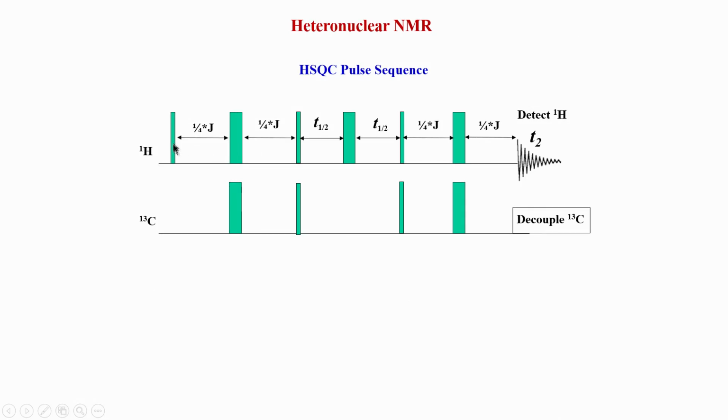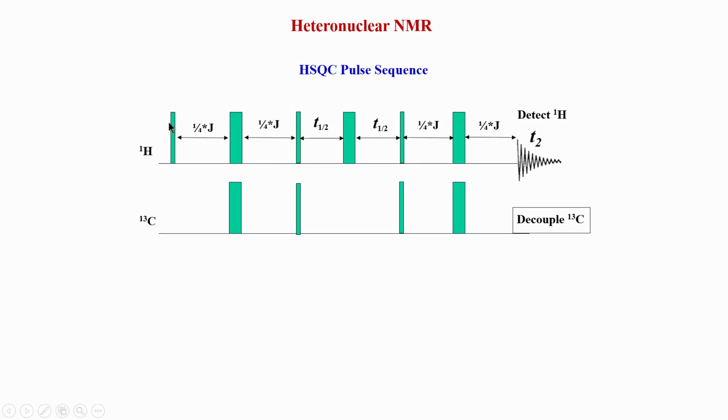A 90-degree pulse is shown as a very short pulse, and a broad pulse is referred to as 180 degrees. If it is a shaped pulse, meaning not rectangular, then it will have a different duration; we will not go into the details of shaped pulses in this course. They are for the advanced part. If required, we will touch upon this as we go along.